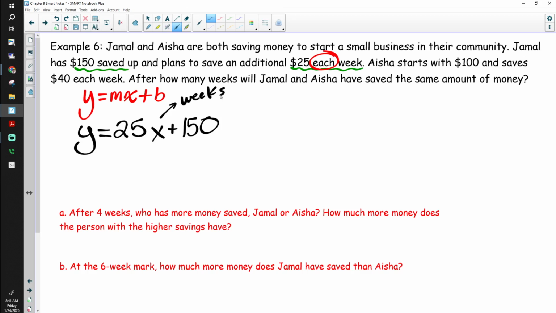And what does this equation find? It finds y, but what does y represent? The total amount of money Jamal will have after some number of weeks. This is our money. How much we got.